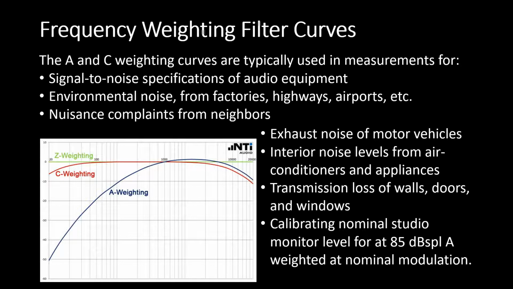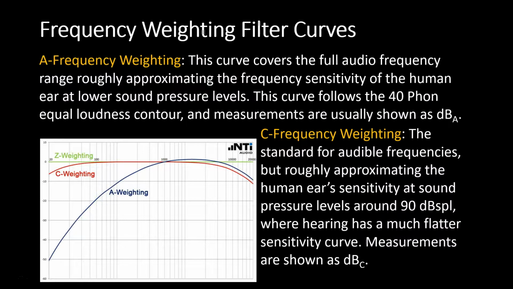You can also measure transmission loss through walls and doors and windows. And the nominal studio monitor level is weighted at 85 dBSPL, a weighting for a nominal level.